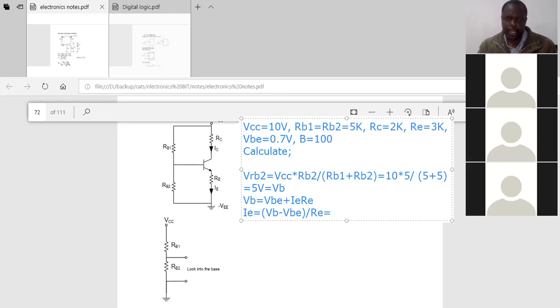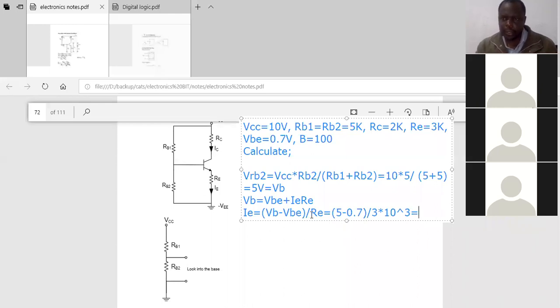So if we substitute the actual values, we get 5 volts minus 0.7 volts, then divide by your RE, and the RE is 3K, so 3 times 10 to the power 3.